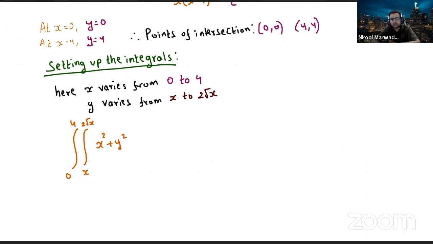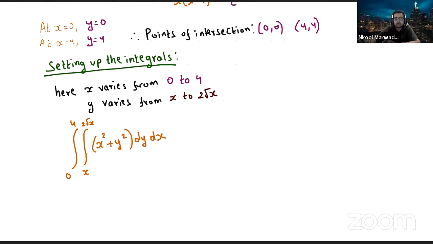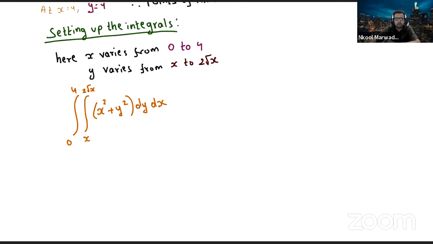Since y is equal to x to 2 root x, first we have to integrate with respect to y, then with respect to x. It's very important. Now we are done. We have converted it into a normal problem. Now the third step is solving the integrals.